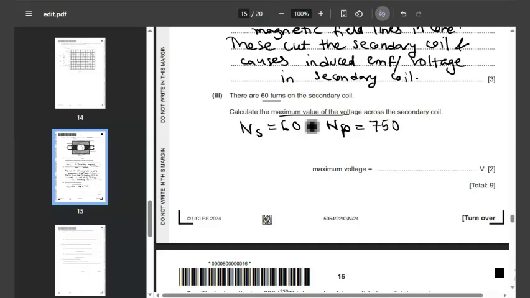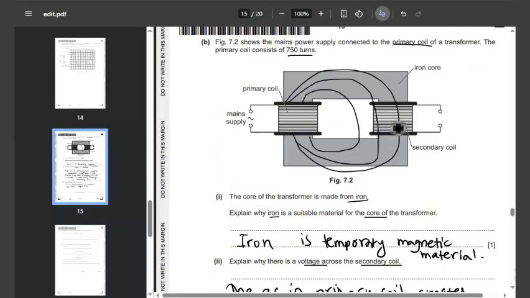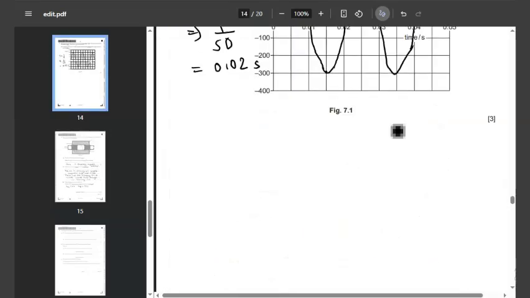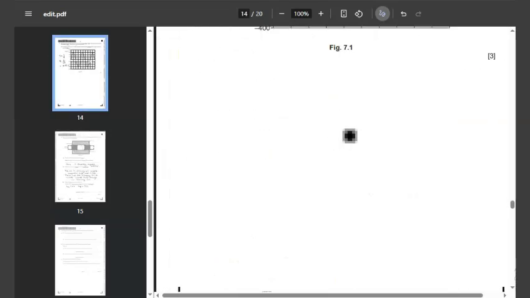And we have to find the maximum value of the voltage in the secondary coil. So the maximum value in the primary coil was given as 300 volt.